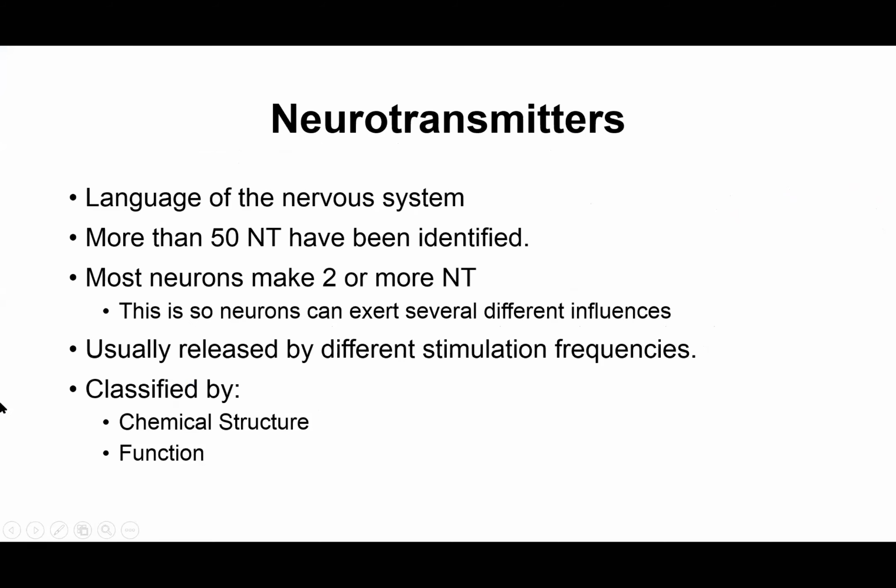So that leads us to our last part of the lecture for today, which is all about neurotransmitters. By now, we have an understanding that the neurotransmitters are released, they bind to postsynaptic neurons, and then something happens. Basically the neurotransmitters are like the language of the nervous system. It's how the neurons are talking to each other.